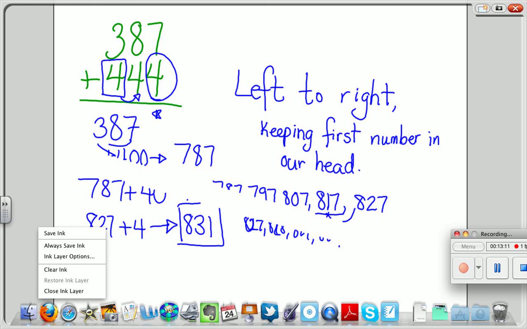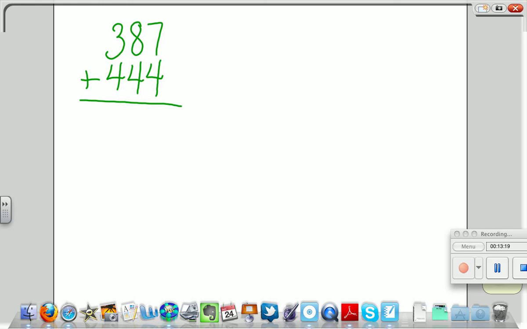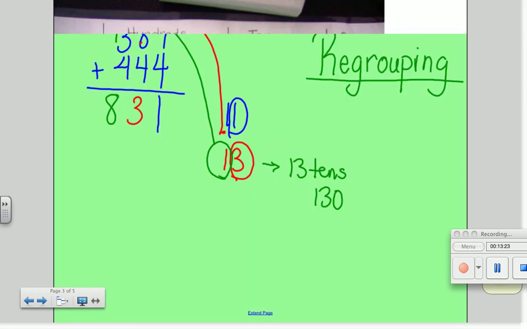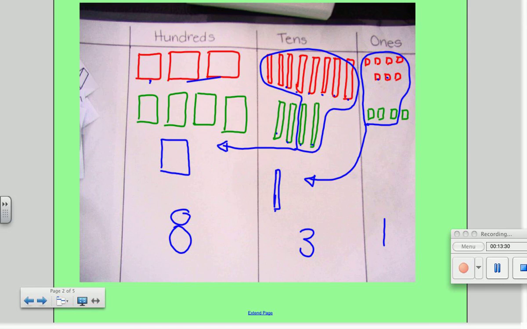You would write those 3 steps on your page. If you are choosing that strategy, you will show the regrouping on your page. And if you are choosing this strategy, you will draw it on the page.